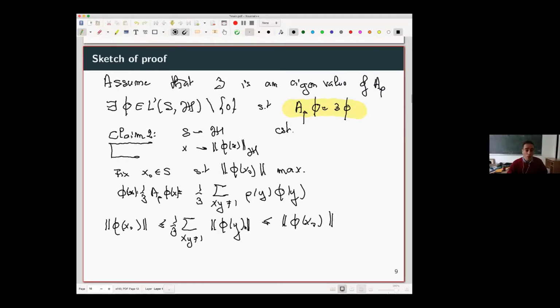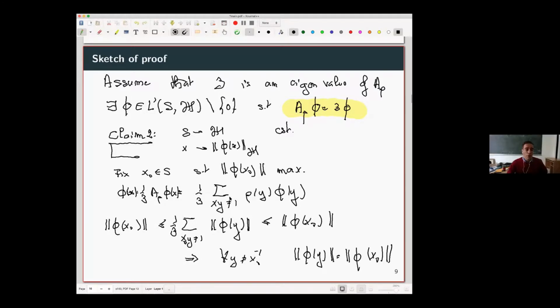And since you have equality everywhere, you need to have, in the average here, terms which have the same norm. So that implies that for all y different from x naught inverse, the norm of phi of y equals the norm of phi of x naught.